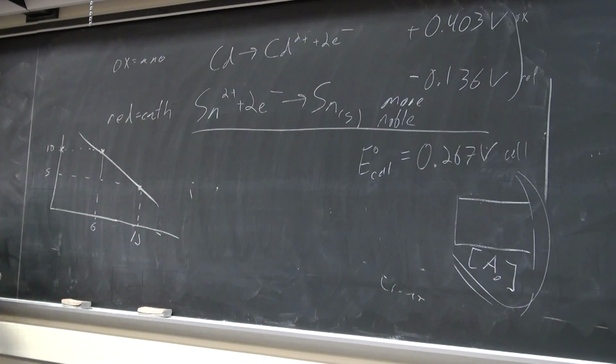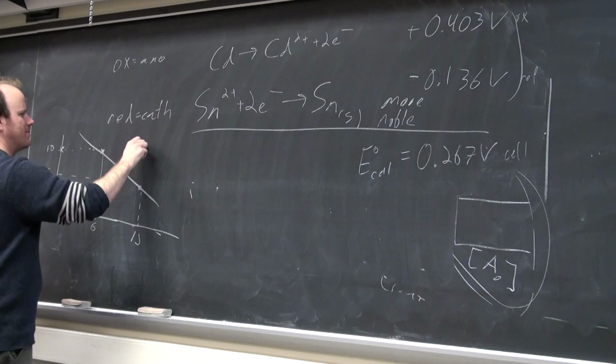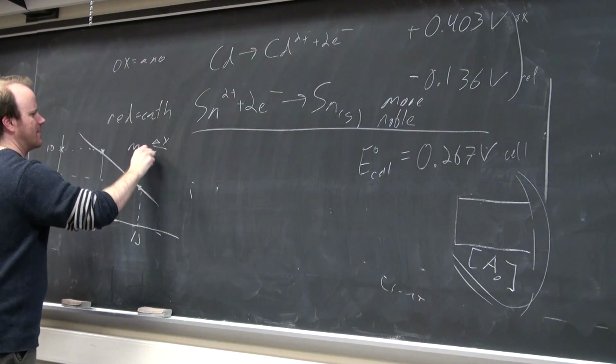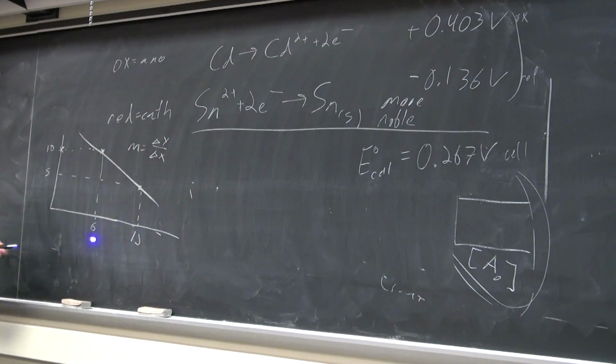You should be able to find the slope of this line, right? If I tell you what these 2 points are. So m is delta y over delta x. And so depending on what this plot is, you should be able to know what the slope is, et cetera, et cetera. Okay. Thanks. Yep.